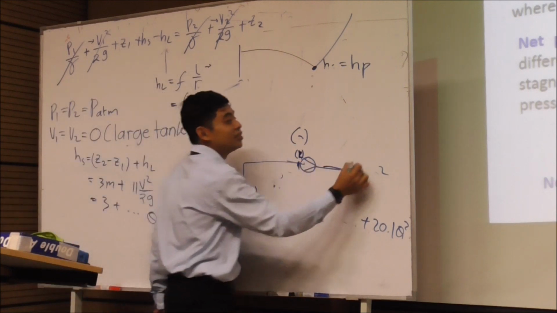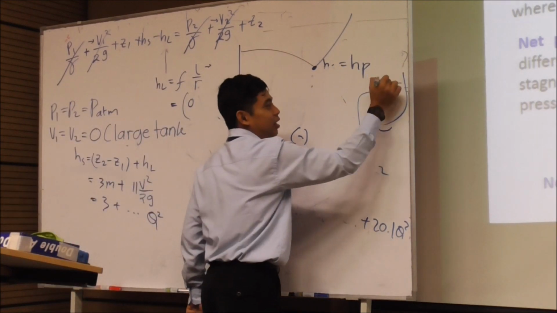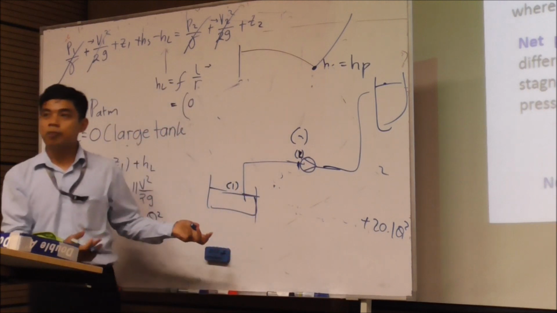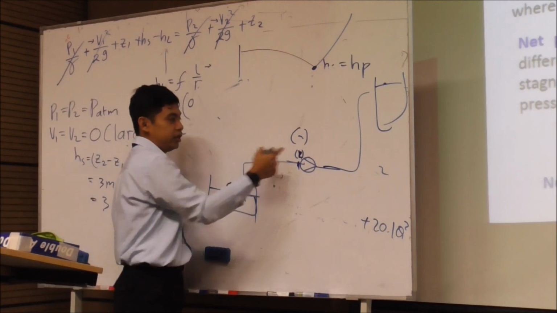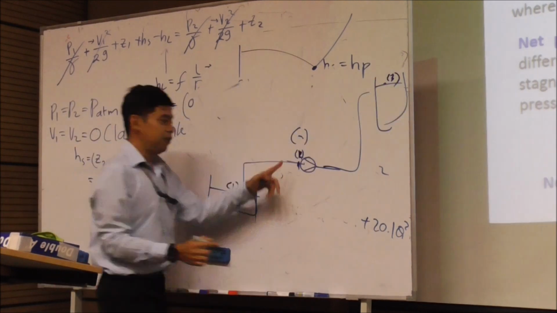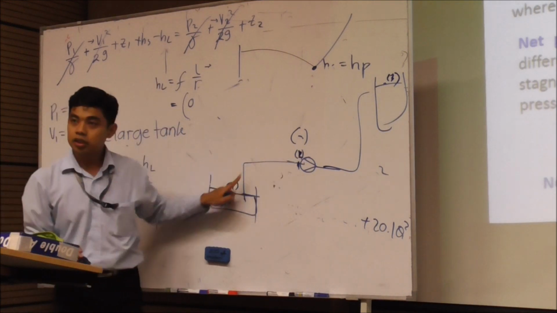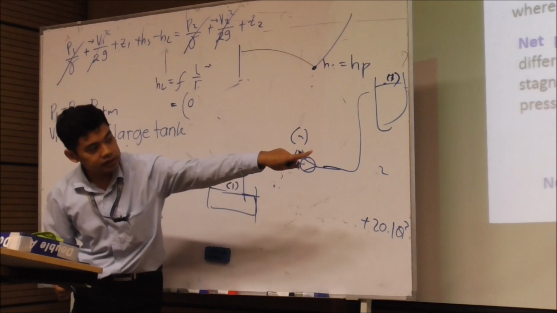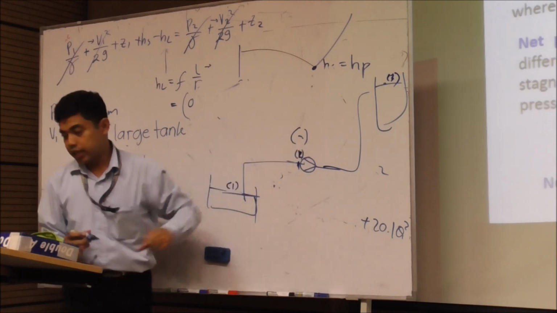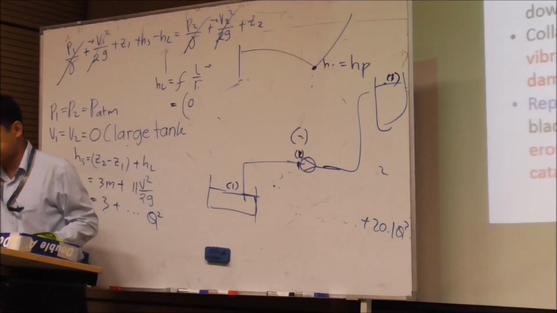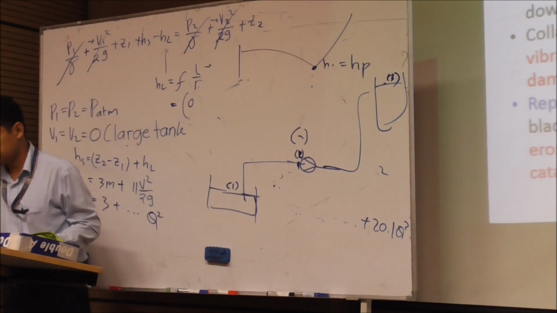But if somehow I have another point there, it depends on how you give the point number, right? If you put this one 1, 2, 3, then it's between point 1 and point 2. Okay, so you calculate the pressure and the velocity. Then you can calculate the NPSH. Okay, let me show you one example of how to do it.